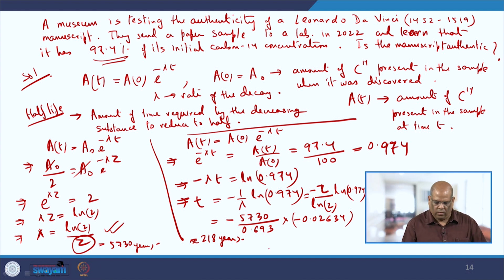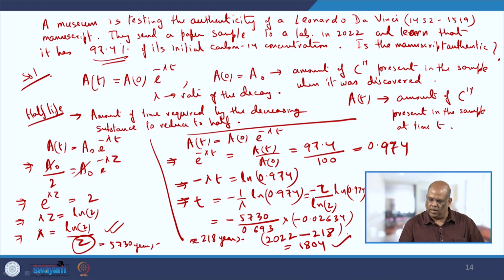So, this paper went to the lab for the lab test in 2022, and if I subtract the 218 years, I get 1804.